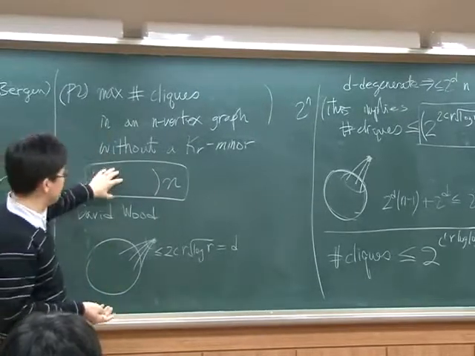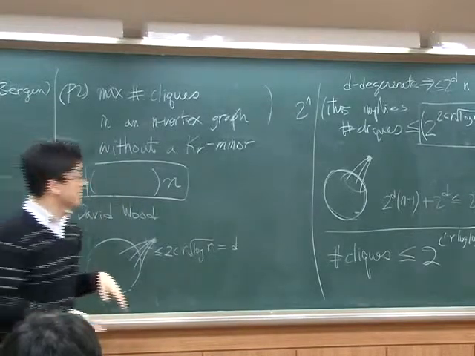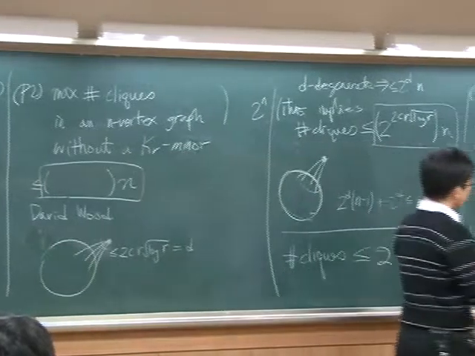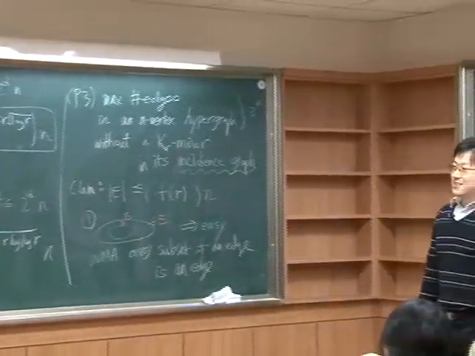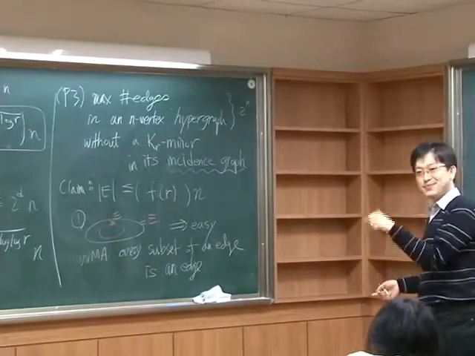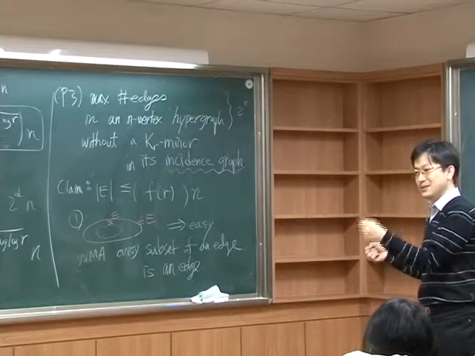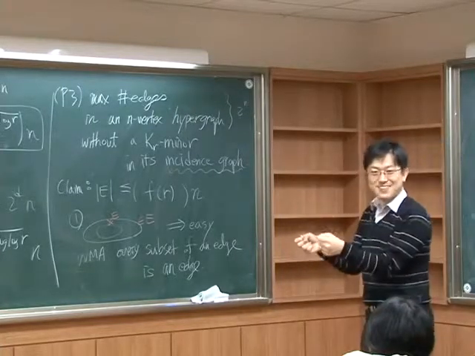The number of cliques in a graph will be an upper bound, so you can use the same function. So that proves that P1 gives you some answer for P2, and P2 gives you some answer for P3, and P3 gives you some answer for P1.